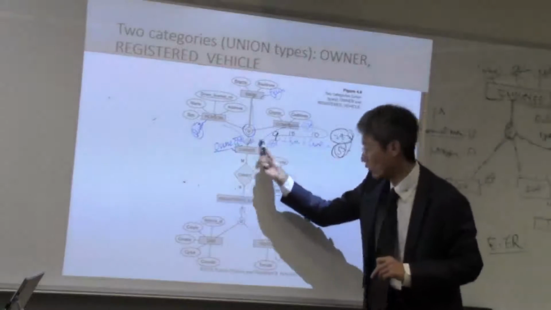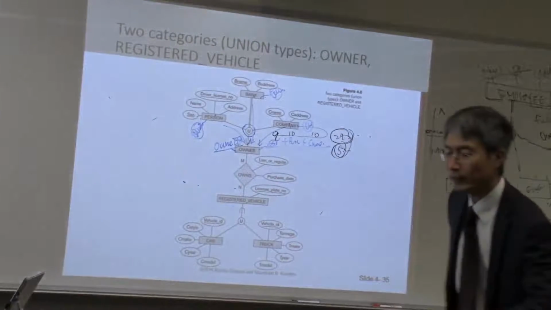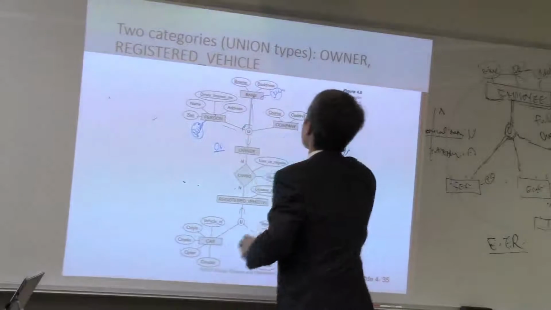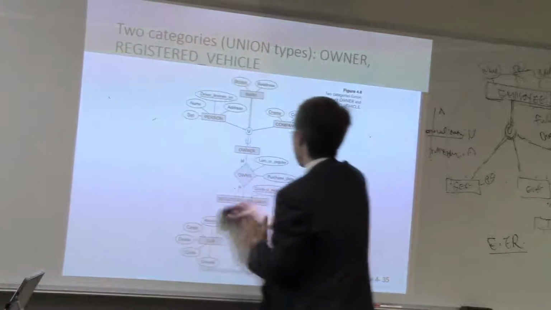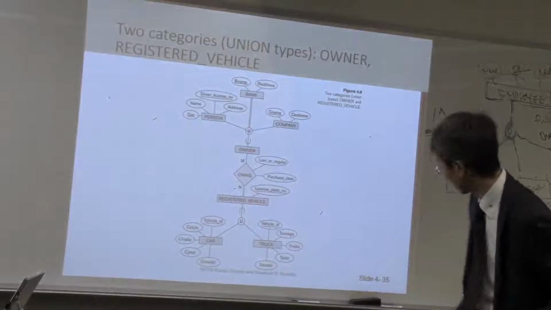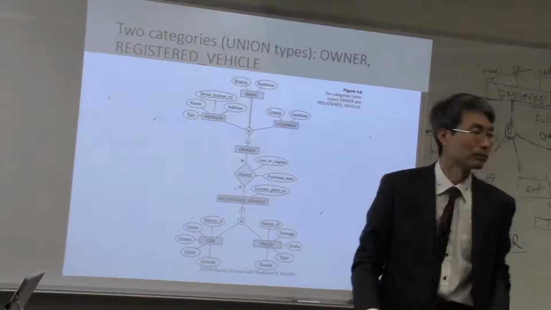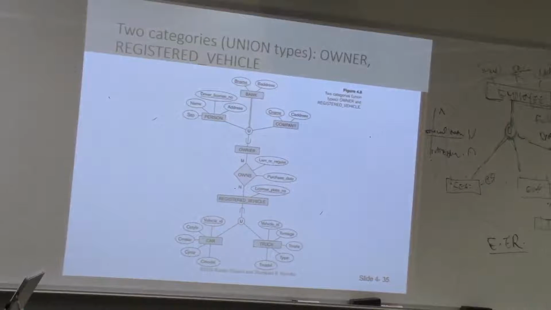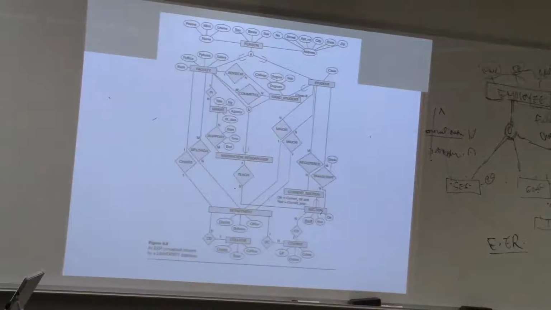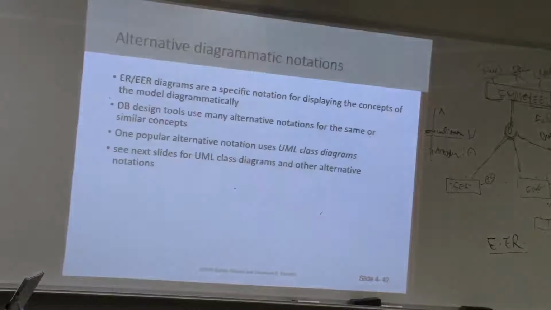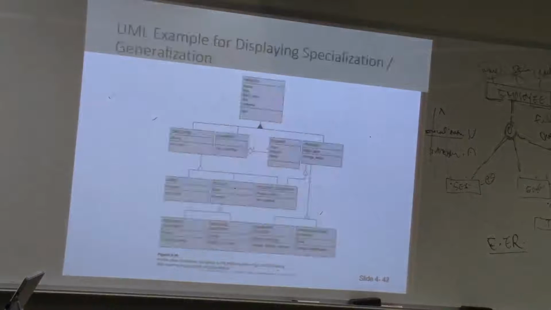This is the same. We can use the owner ID as the surrogate artificial key of this one. Okay. Professor, one question. Yes. If I were to create the owner ID attribute, where would I place it? So we will see. Oops, it's not here.